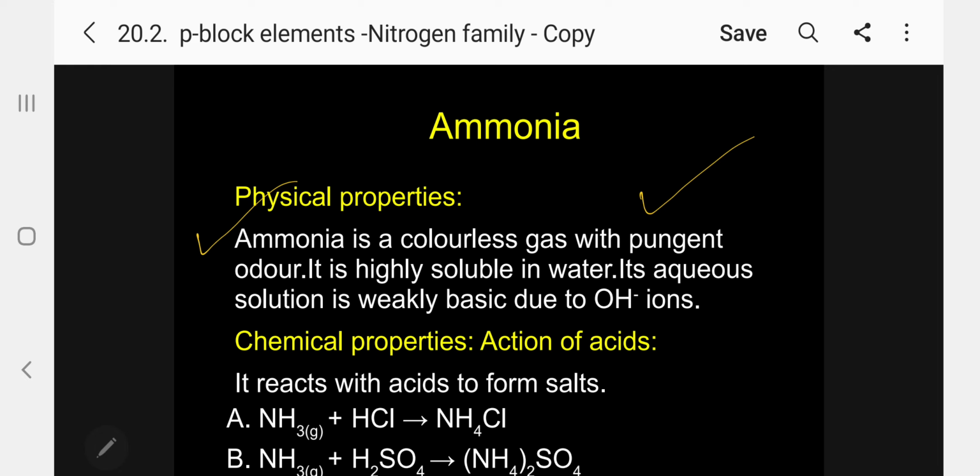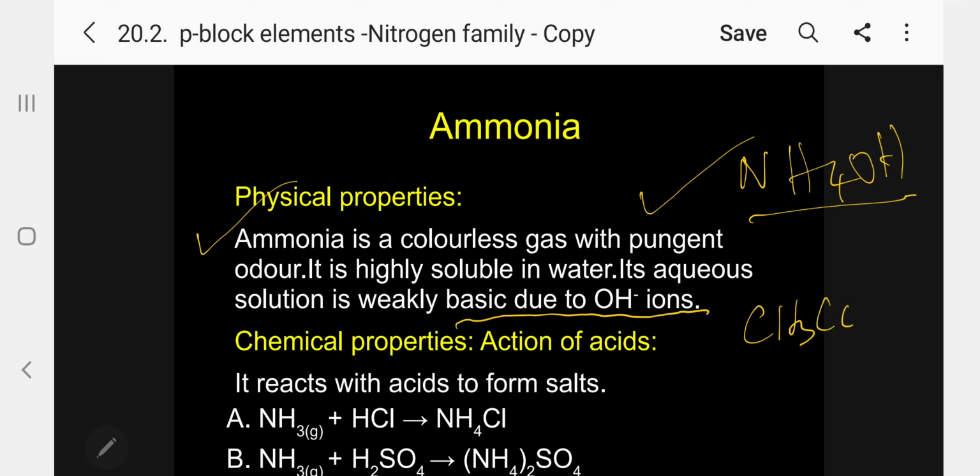Its aqueous solution is weakly basic due to OH minus. Ammonium hydroxide is a weak electrolyte. We have discussed already, the same way in the case of acetic acid, also a weak electrolyte. This we have already discussed under equilibrium. Kindly follow.